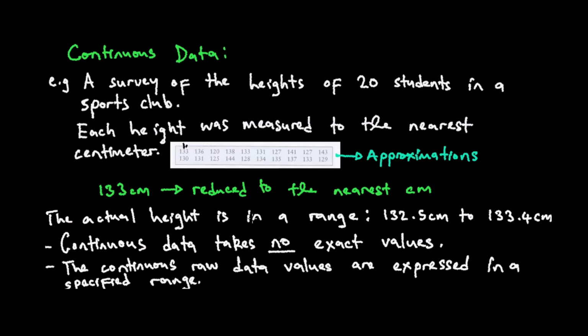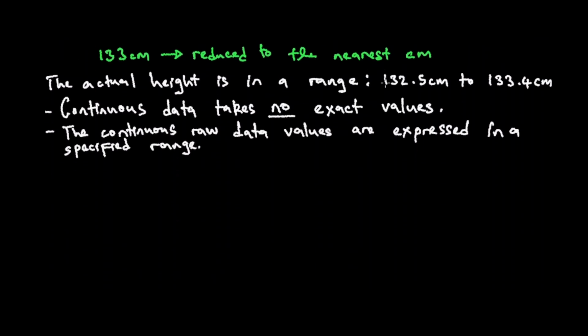Okay, let us take this example again, 133. What I wrote here was just to illustrate the range, but the way we actually write it is in what we refer to as set notation. So if we take the example of 133 centimeters given to the nearest centimeter, this could have arisen from any value in the interval 132.5 centimeters to 133.4 centimeters.